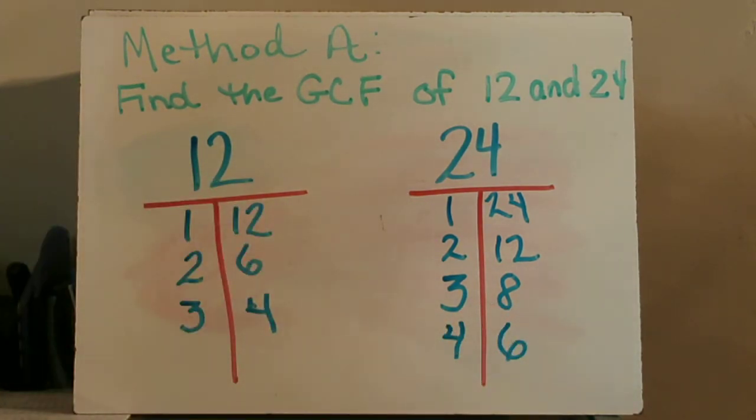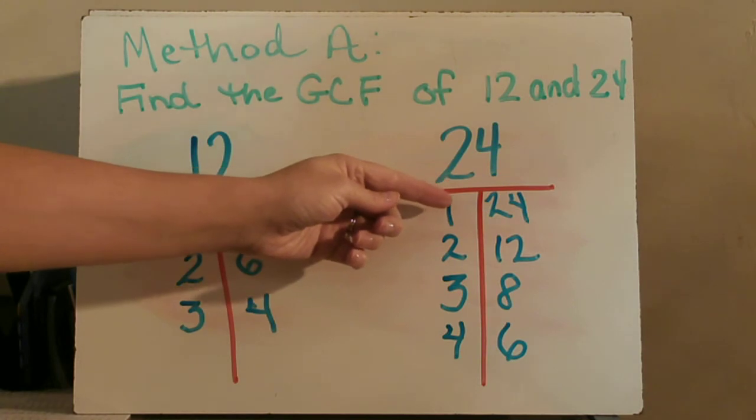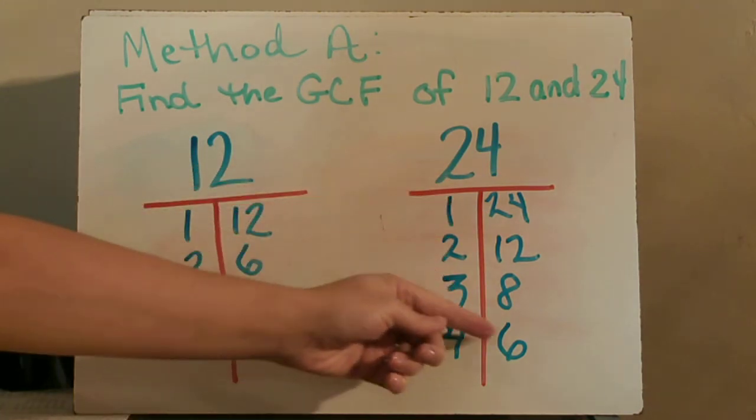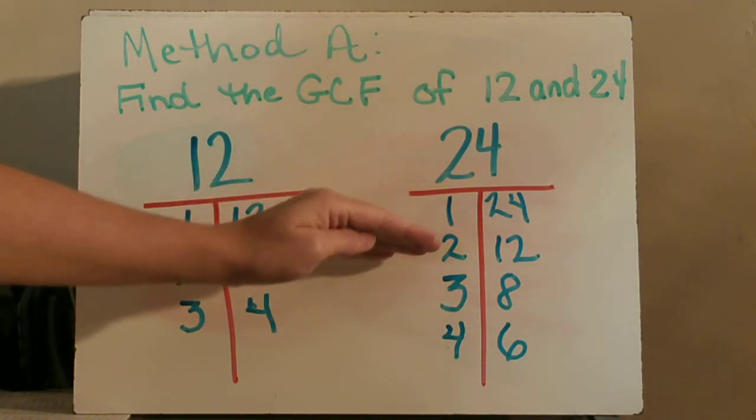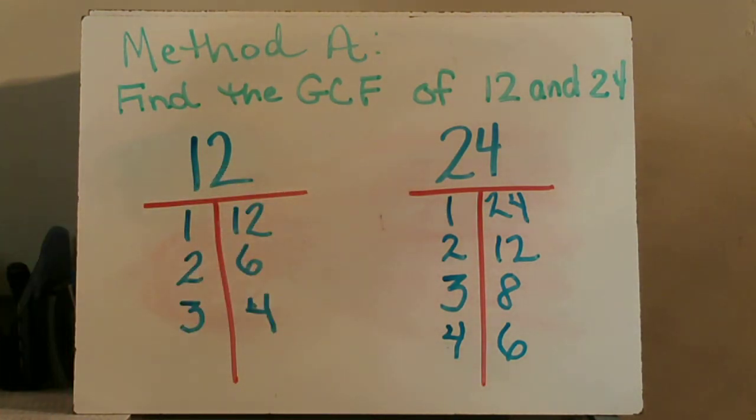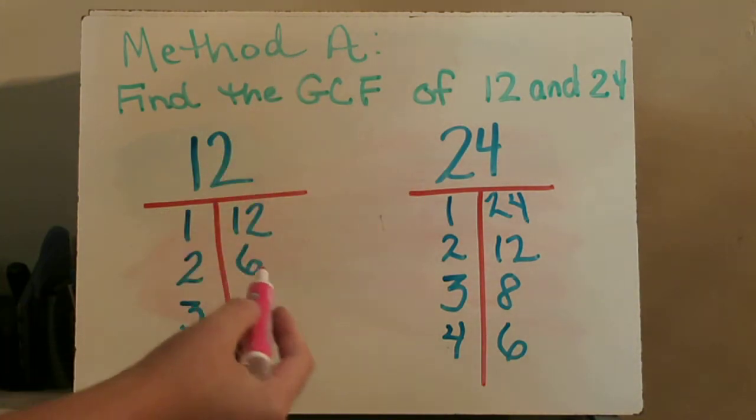So the number 24 has the factors 1, 2, 3, 4, 6, 8, 12, and 24. So the number 24 has 8 factors, and 12 only has 6 factors. So we want to know, well, what is the greatest common factor that both of these numbers share? So first we need to identify the common factors.